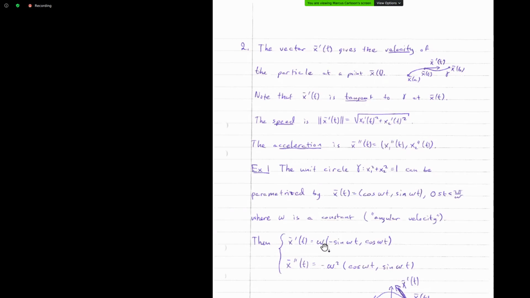Okay, and then we can compute the derivative. What happens is cosine becomes a minus sine, sine becomes a cosine, and this omega pops out as an inner derivative, right? So we get omega times this. And if you look at this, the scalar product of this guy and that guy is clearly 0, because you have sine here, cosine there, you have sine here, cosine there, and there's a minus on one of them and not on the other.